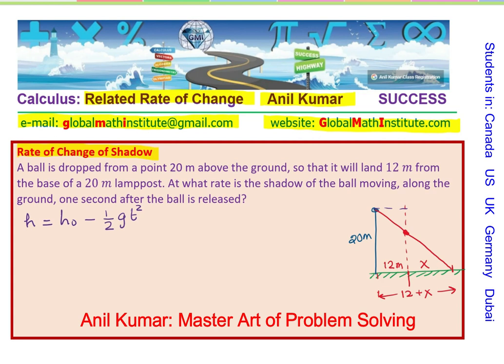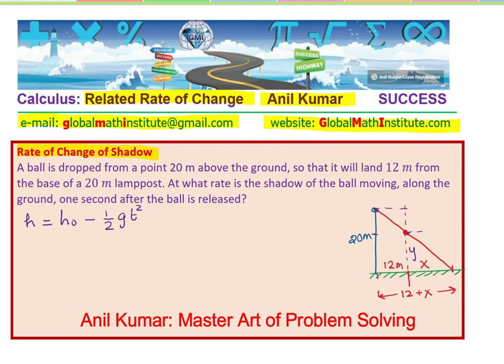So we know that the ball has been dropped from the height of 20 meters. So at any instance, let's say this is the height of the ball, we'll let the height be y for us. So let's say this point is y above the ground.